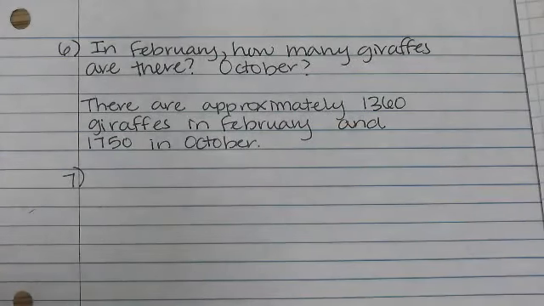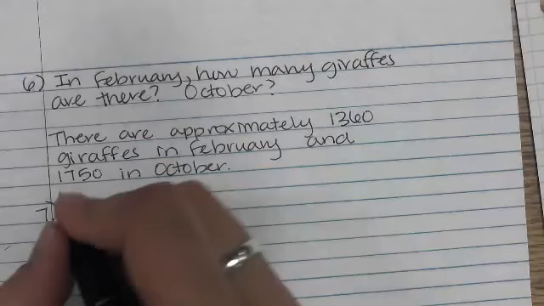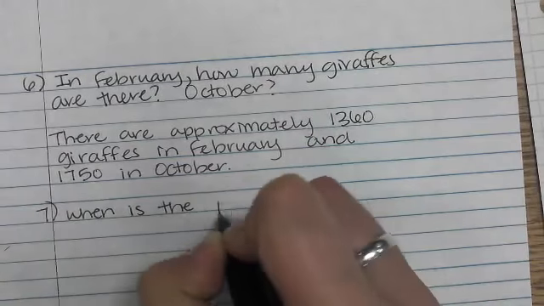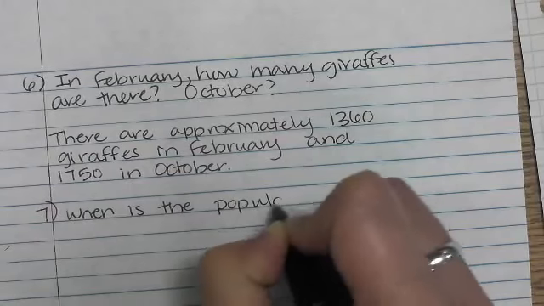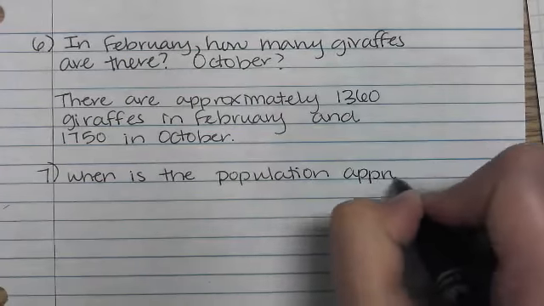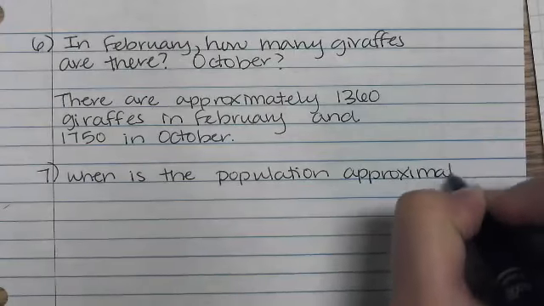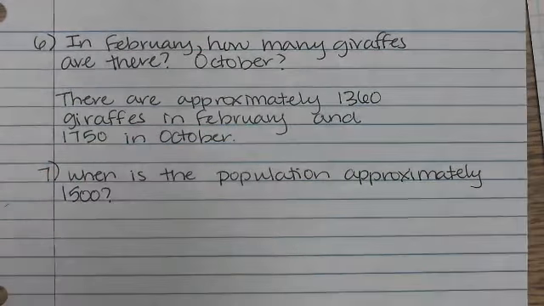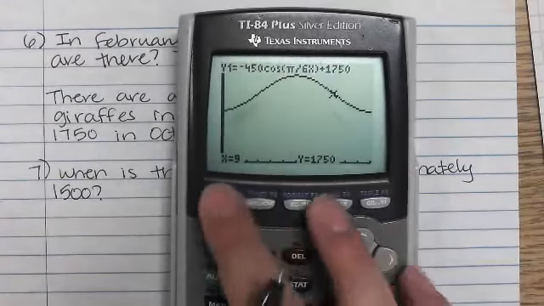Okay, the next question that we're going to ask is, when is the population approximately 1,500? So what we're going to do is hit the y equals button.